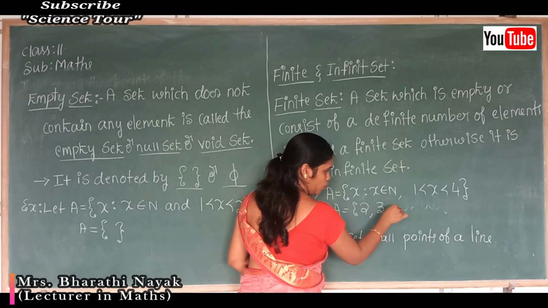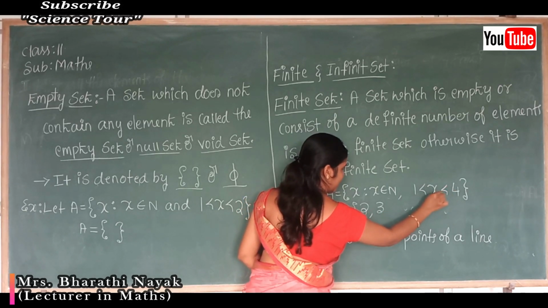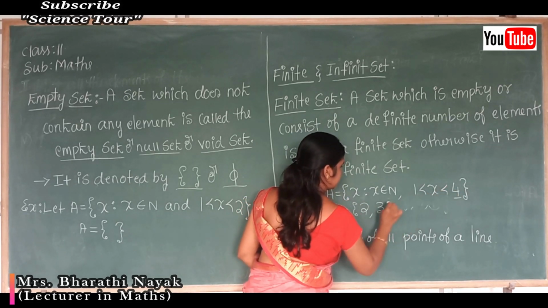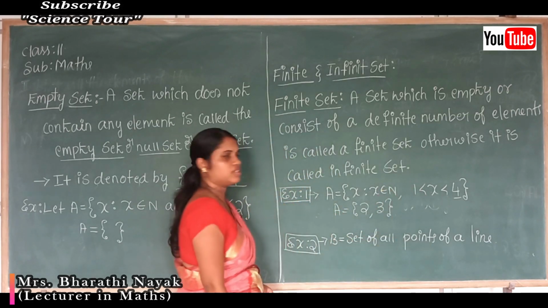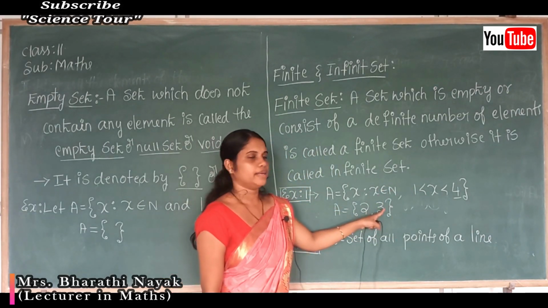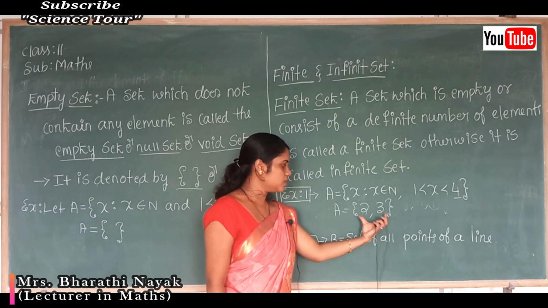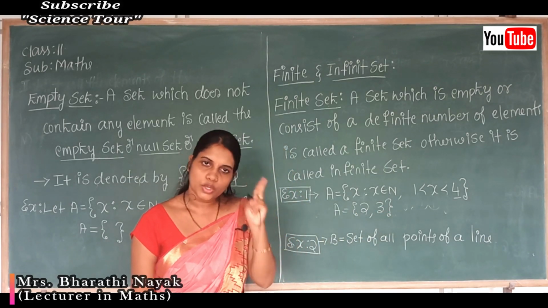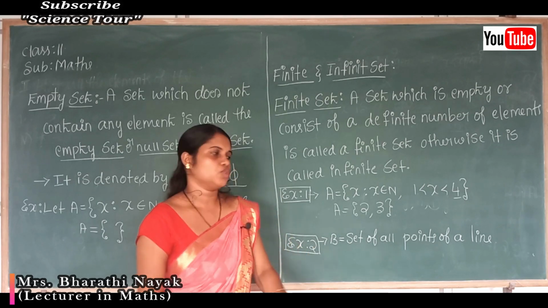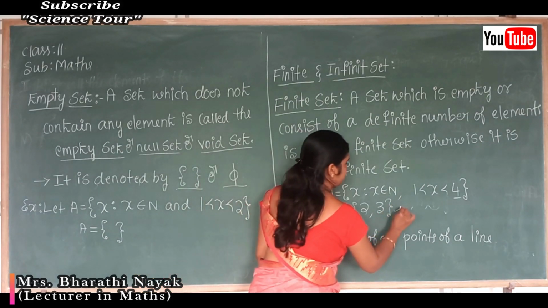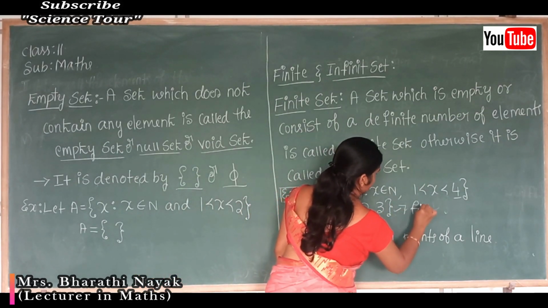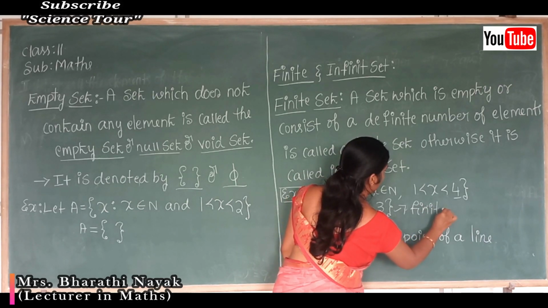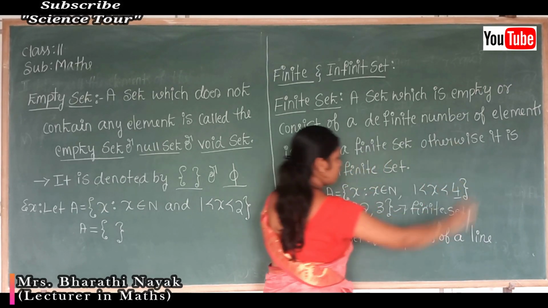Can I choose 4? No, because your natural number must be less than 4. So, therefore, which are the natural numbers? 2 and 3. Can you observe here, this set A contains only 2 numbers, yes. So, therefore, this is a finite set. Okay, the example 1 is an example for a finite set.